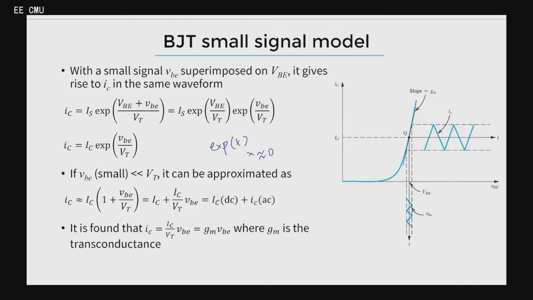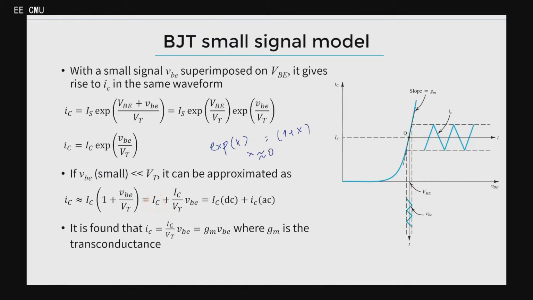In that case, it can be expanded to be approximately equal to 1 plus x. Just to be clear, this x value is defined as VBE divided by VT. You can see here that VT is much greater than VBE, so that the value approaches 0. This is an approximation, right? So we'll approximate it, and it comes out to this value.